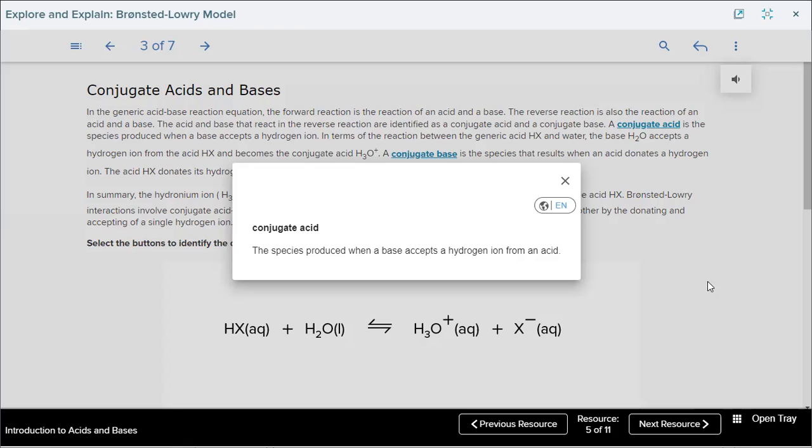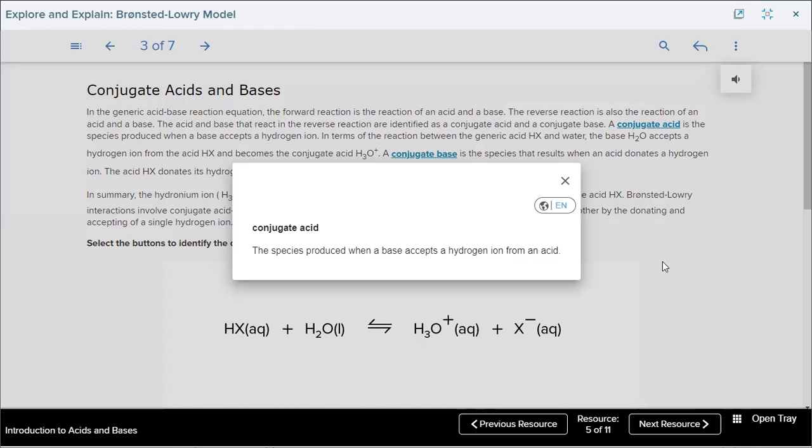So what's meant by conjugate base? The species produced when an acid loses a hydrogen ion. Not loses or gains, it's called gives. An acid gives a hydrogen ion.